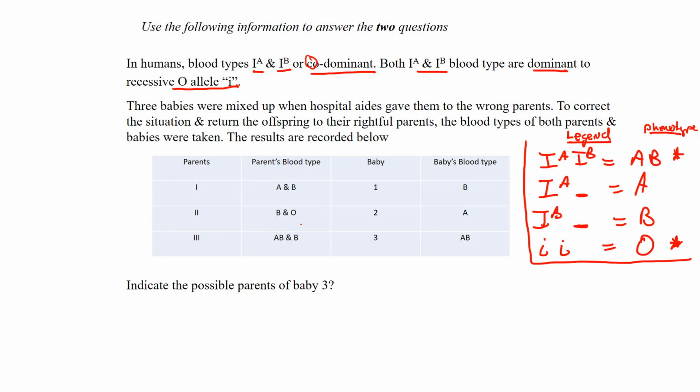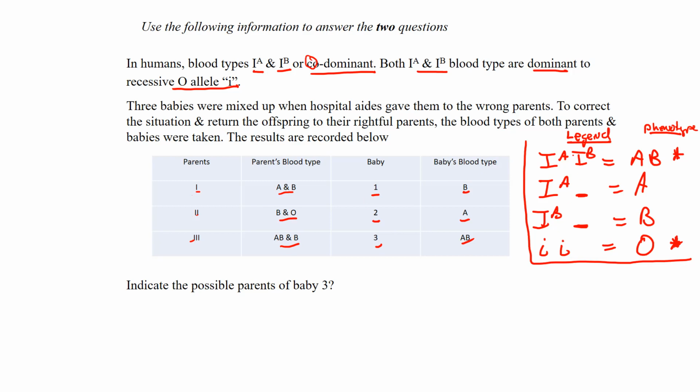So when we take a look at this, they're saying that you have three babies here, baby 1, 2, and 3. These are their phenotypes. And then there are three sets of parents, Roman numeral 1, 2, and 3, and those are their phenotypes. Now this is only phenotypes.